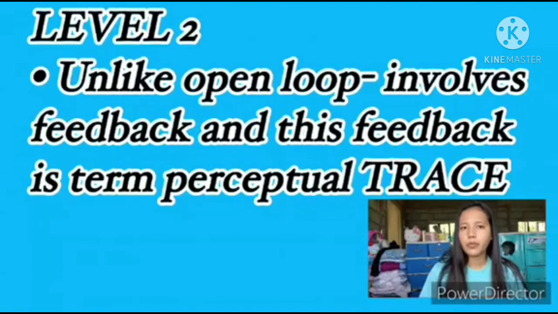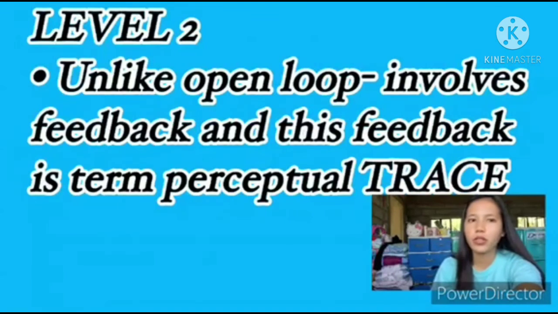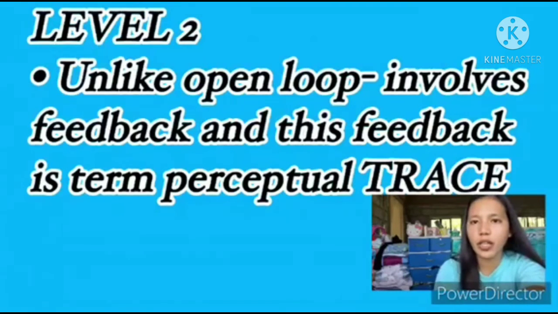Feedback is termed perceptual trace. Ang halimbawa ko dito ay yung snowboarder. They feel through kinesthetics and proprioception when they're losing balance. They need to act on this issue. They will make quick decisions or adjustments in order to retain a successful outcome.